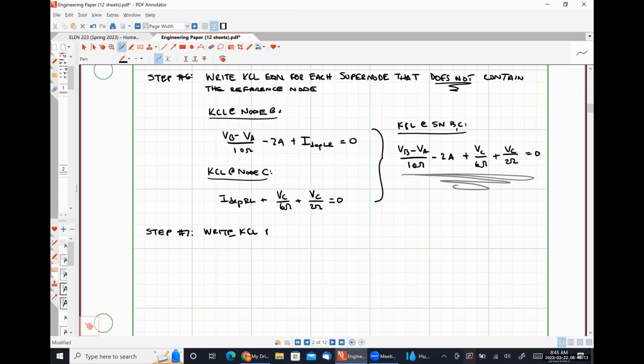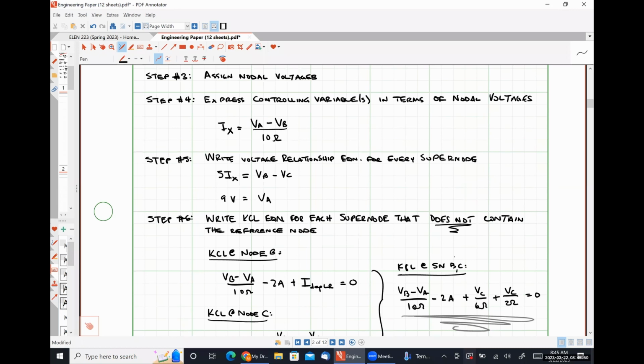Write KCL equations for all remaining non-reference nodes. There aren't any. And step number 8 is simply to solve our system.